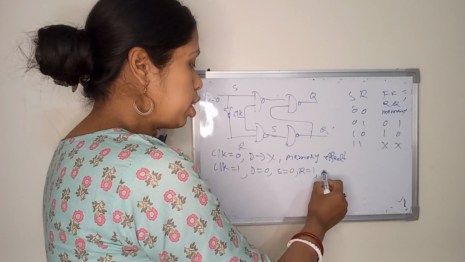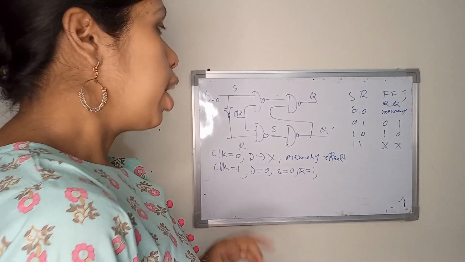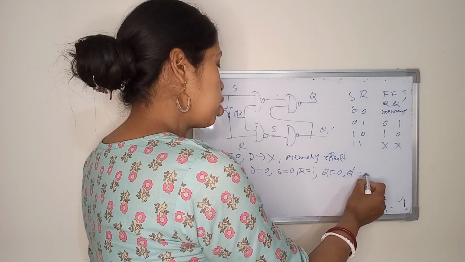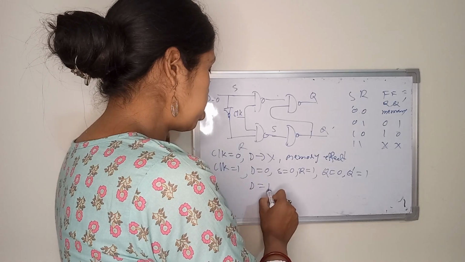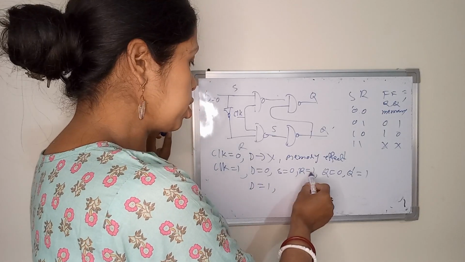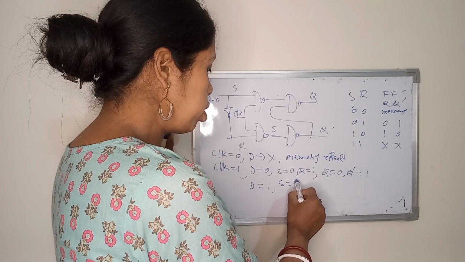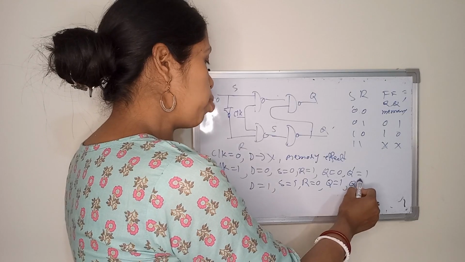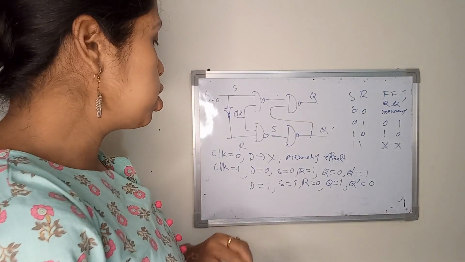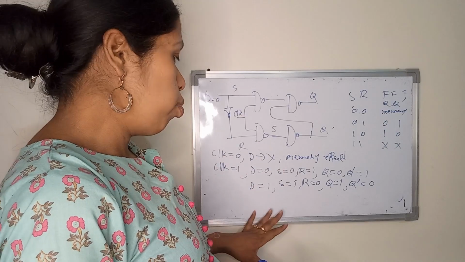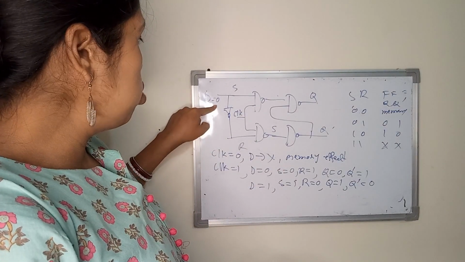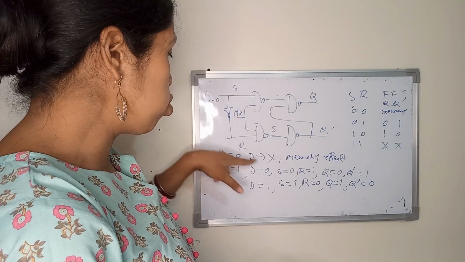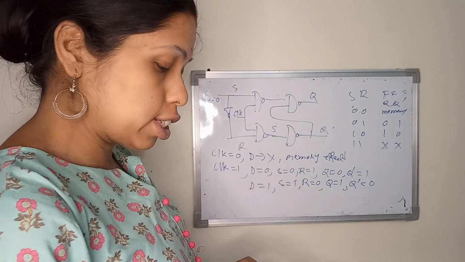For this combination, if you recall the SR flip flop output, Q is 0 and Q prime is 1, right? If D is 1, because the NOT gate is connected, S is 1 and R is equal to 0. So Q is 1, Q prime is 0. Okay, so this is about the D flip flop. Here also, if you give 1, S will be 1 and R will be 0 only, as the inverted connection is there.